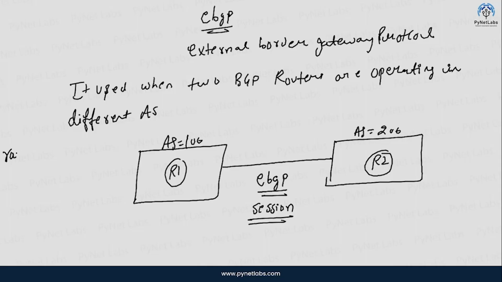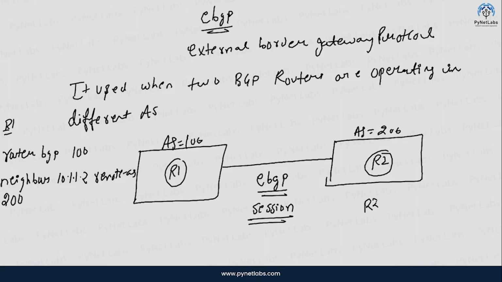I'm writing router BGP, and you define your own AS value. Because in BGP we define the neighbor manually, when you define a neighbor, let's say the neighbor IP is 10.1.1.2, you write remote-as, and at that time you define that this neighbor is coming from AS 200.